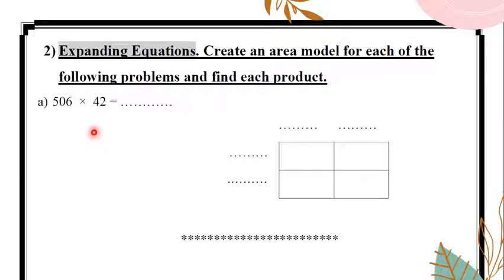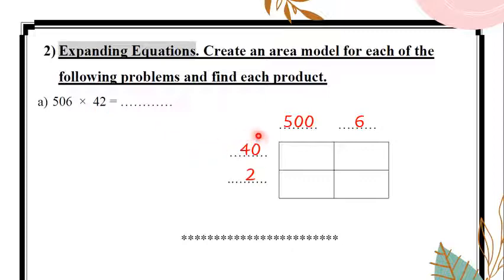Exercise 2. Expanding equation. Create an area model for each of the following problems and find each product. Here in the first example, he writes 506 times 42. Let's break the number first. 506 means 500 plus 6. 42, let's break it into 40 and 2.